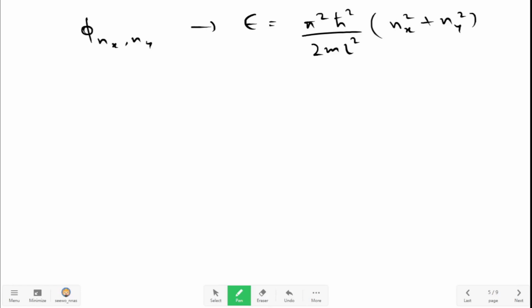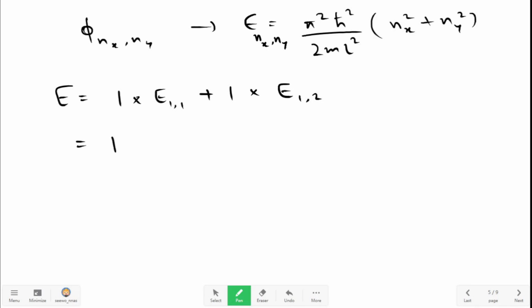So the energy of the phi nx ny state is E nx ny. Now there is one particle in the phi 1 1 state, therefore 1 times E11, and there is one particle in the phi 1 2 state, so 1 times E12.